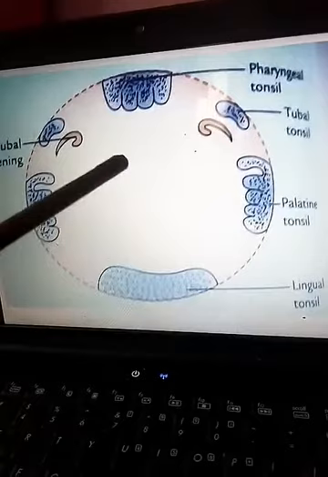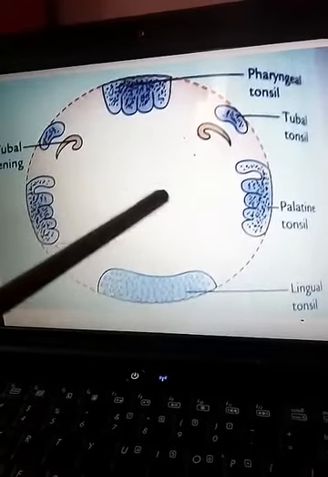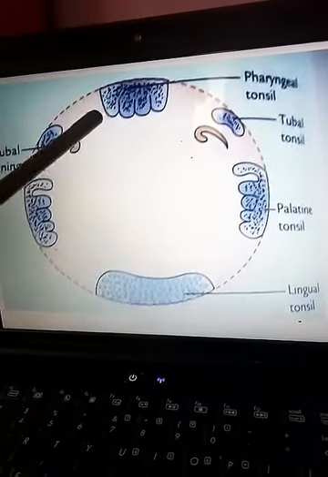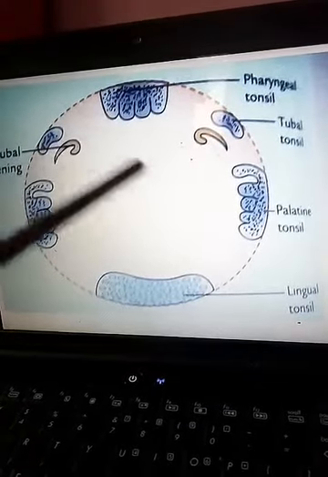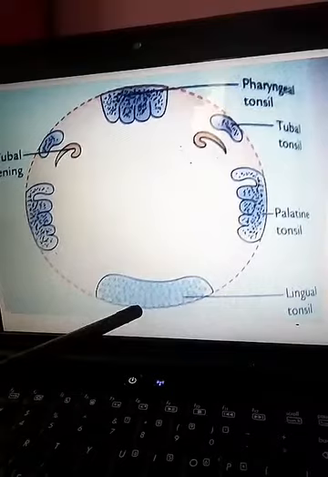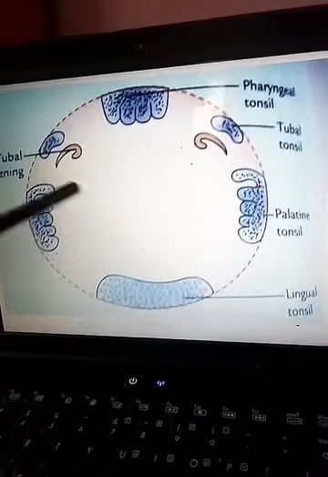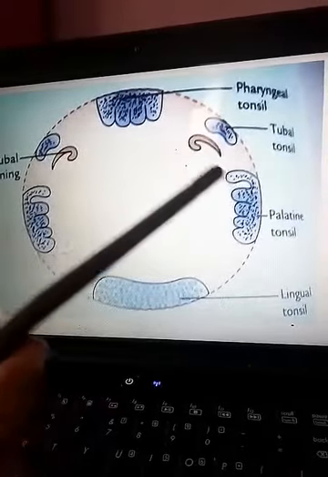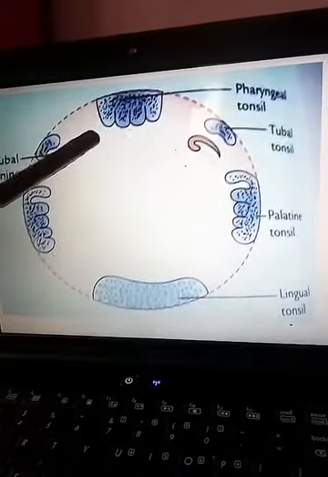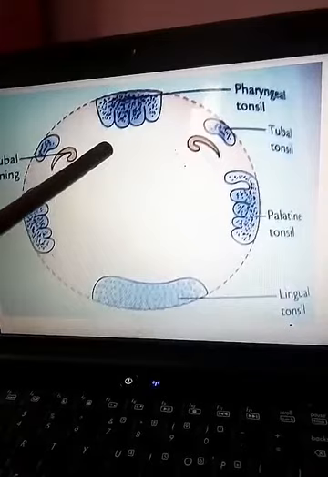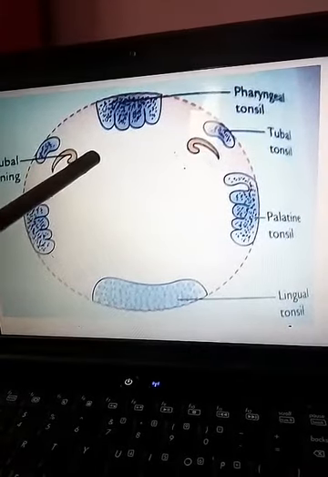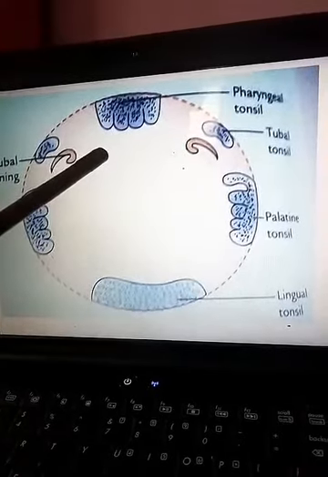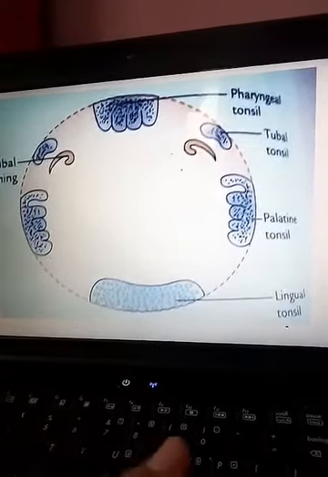Waldeyer's ring is formed by the pharyngeal tonsil posterior-superiorly, lingual tonsil anteriorly, tubal and palatine tonsils laterally. Waldeyer's ring prevents the invasion of microorganisms from entering the air and food passages and helps us in the defense mechanism.